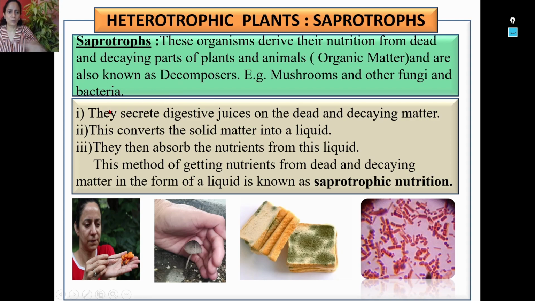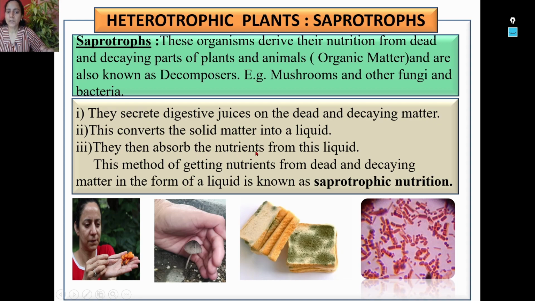Let's understand that first. They secrete some digestive juices on the dead and decaying matter. What are these? Digestive enzymes. They convert the solid matter, that decaying organic matter, into liquid form.